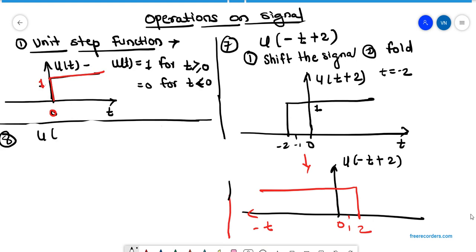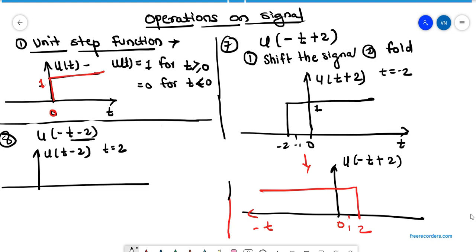There is another example. Suppose you have to write u of minus t minus 2. Again the same thing: first shift the signal and then fold the signal. First you write u of t minus 2. Automatically we know that t is equal to 2, so that signal will shift to 2.